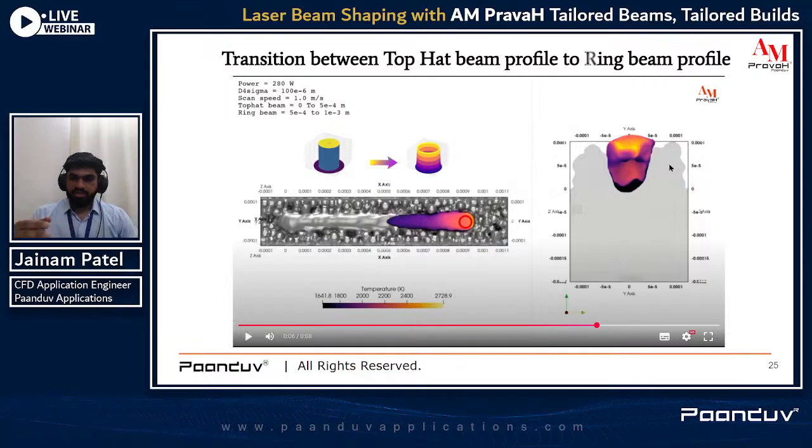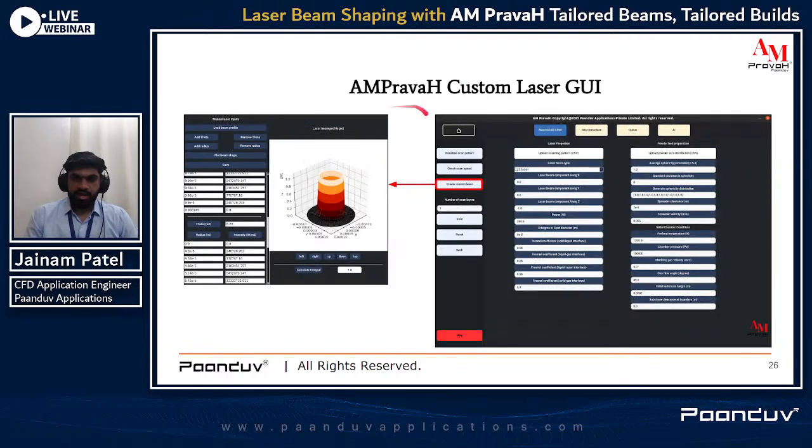So by making multiple tracks with the ring shape profile, the user can eliminate the keyhole effect as well as the porosity, and different effects, also the spattering. So let me show the next slide.